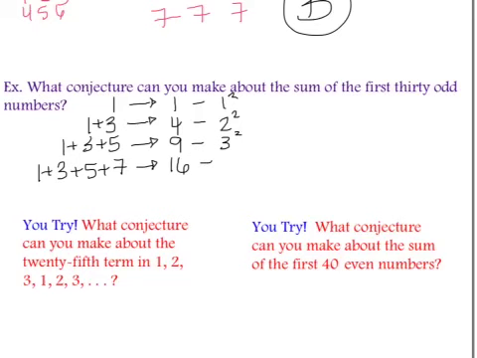Our fourth term is 4 squared. So now that I see that pattern, the conjecture I can make about the sum of the first 30 odd numbers, well, I know then that that would sum to 30 squared, which is 900.